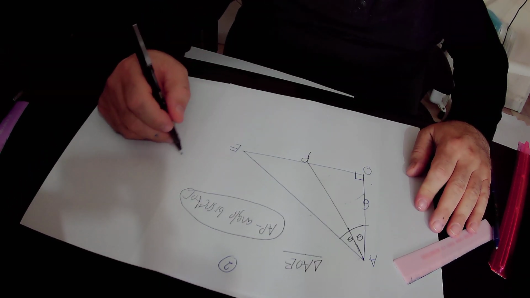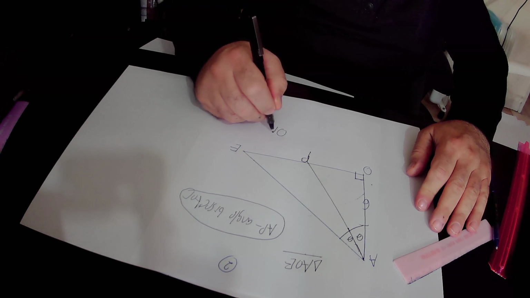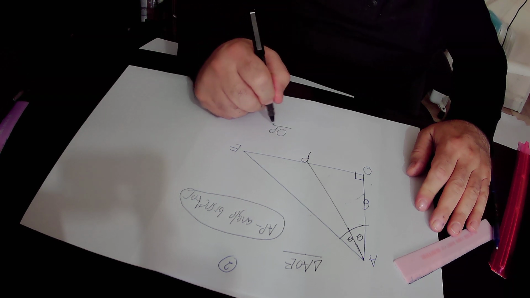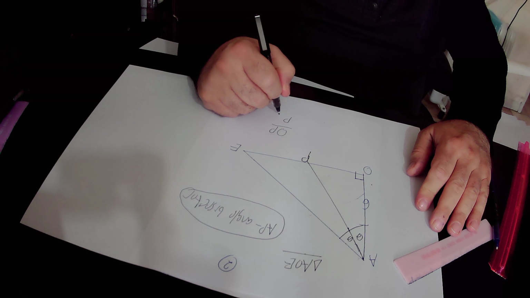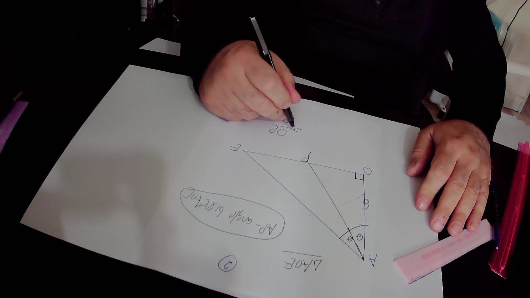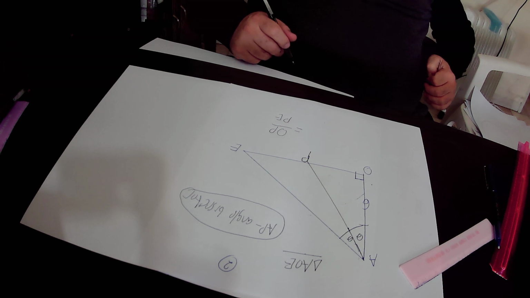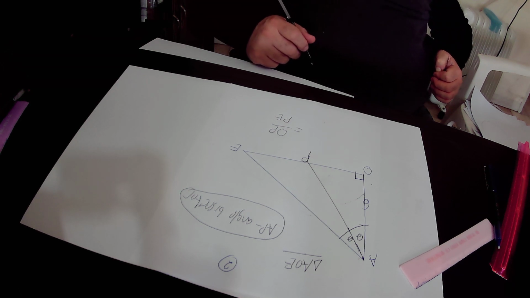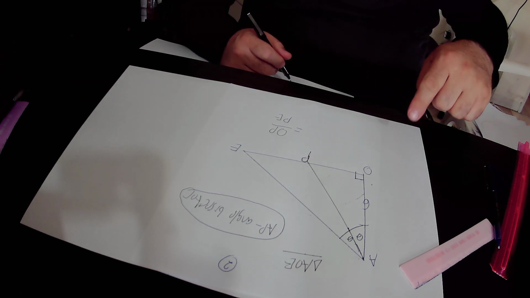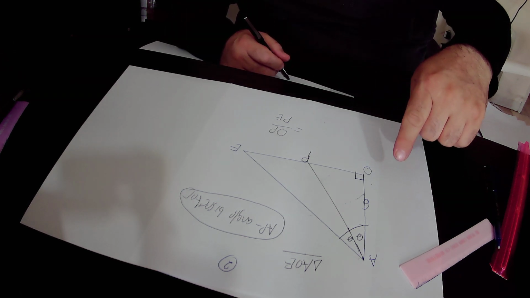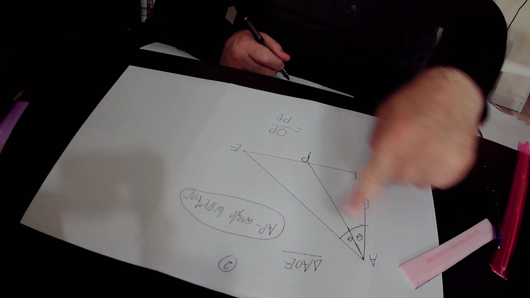is OP over PE, and that ratio equals, according to the angle bisector theorem, the ratio between the angle's legs. We are talking about the angle that has been bisected into two halves, that is angle OAE.